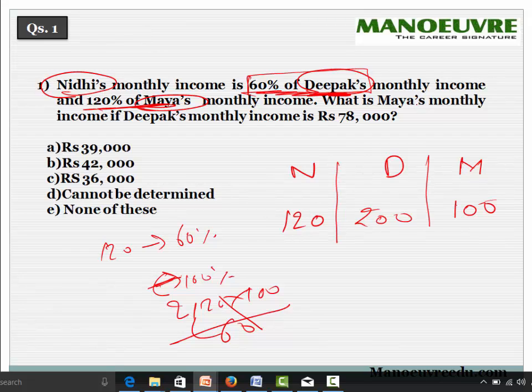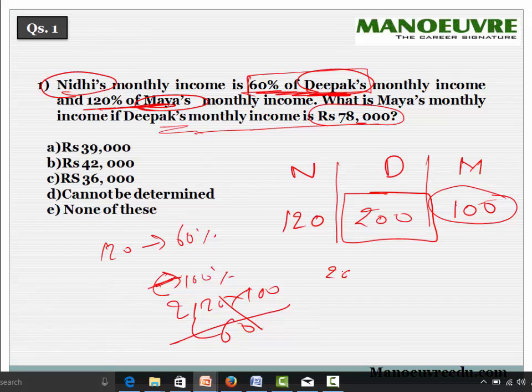Now the question is, what is Maya's monthly income if Deepak's monthly income is 78,000? According to us, we have assumed that Maya's monthly income is 100, and Deepak's monthly income is 200, but according to the question it is 78,000. So I can say 200 is equal to 78,000.